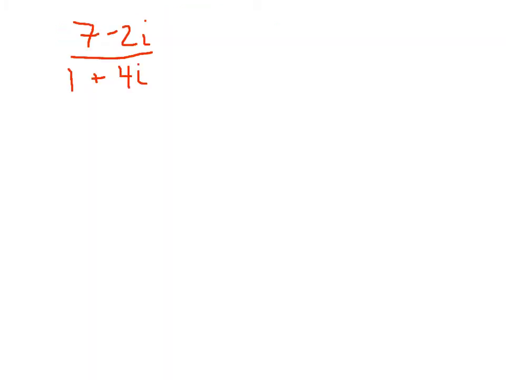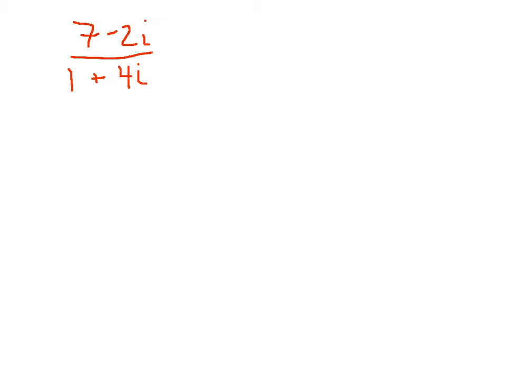This problem is set up to divide two complex numbers. This is a ratio of complex numbers, one in the numerator, one in the denominator. But one of the neat things about this is we could actually simplify this ratio of complex numbers to one complex number.